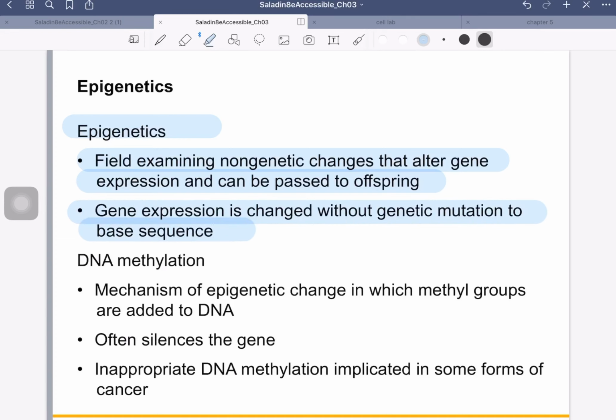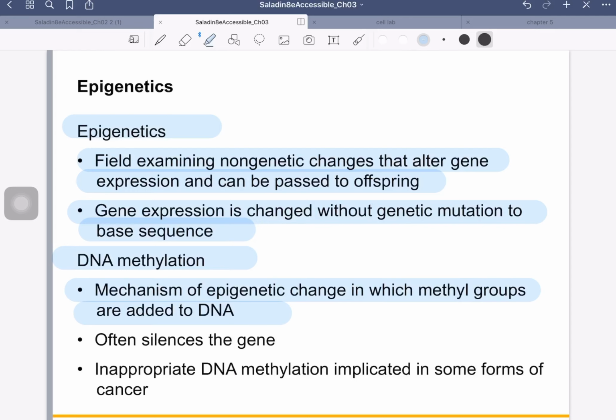Now, one of the most common ways that we control this are the epigenetic tags, and one of them is DNA methylation. And this sounds familiar because it involves a methyl group. And in this case, we can change the methyl groups.